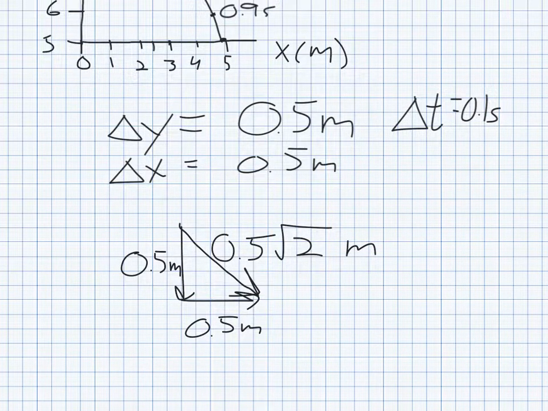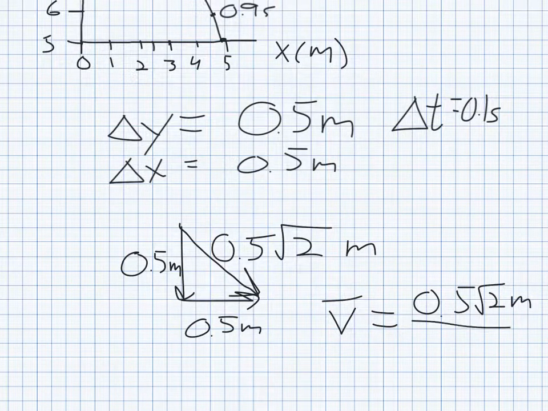And then we can take that and say that the average velocity, now we know it's changing, but we're estimating here, so the average velocity between those 2 points was the distance over the delta t, which is 0.5 times the square root of 2 meters divided by 0.1 seconds.